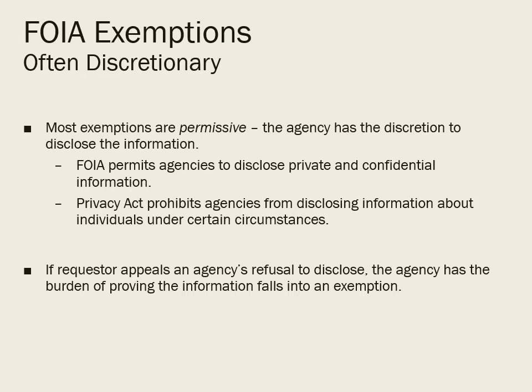FOIA does permit agencies to disclose private and confidential information, but the Privacy Act, which we're going to discuss later, prohibits agencies from disclosing this information about individuals. So even though FOIA technically would allow agencies to disclose, say your home address and your social security number, in practice, agencies cannot do that because that information is protected by the Privacy Act.